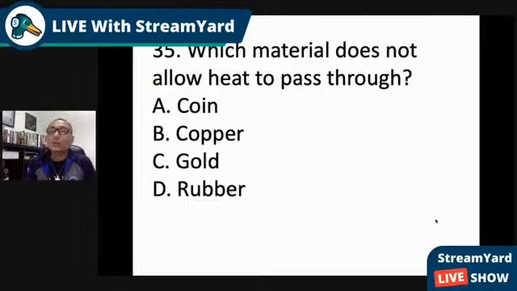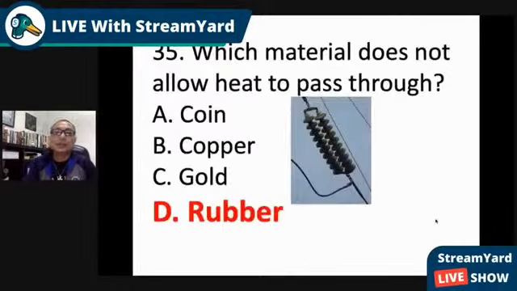For example, water can be a good conductor of electricity, but water can also be a good insulator of electricity, or an insulator or conductor of heat. So it depends on the condition and situation. In this case, what material does not allow heat to pass through? The answer is rubber. At a particular point, rubber can also turn into a conductor of electricity, but rubber is more associated with insulation, especially in electrical matters.